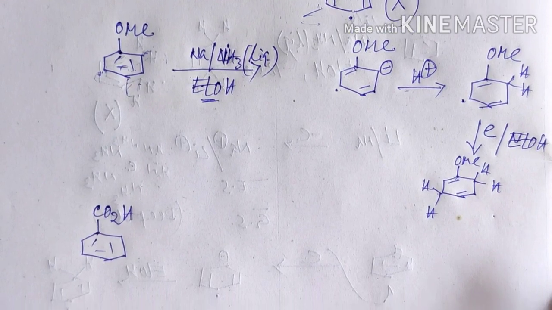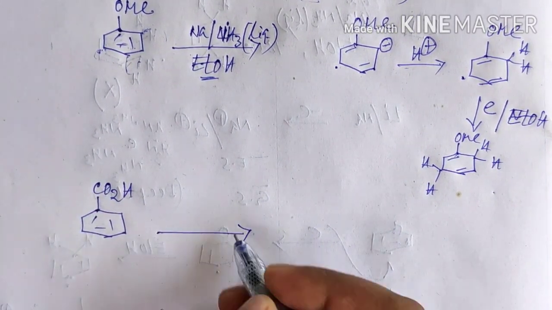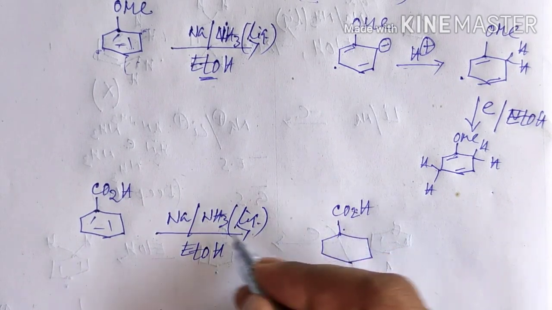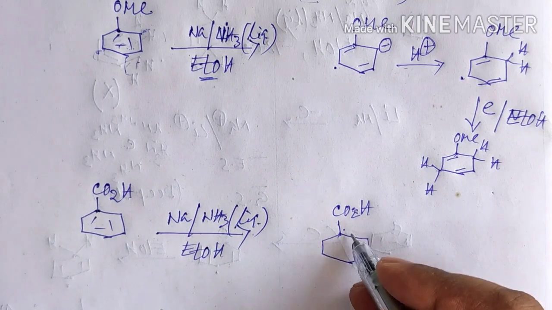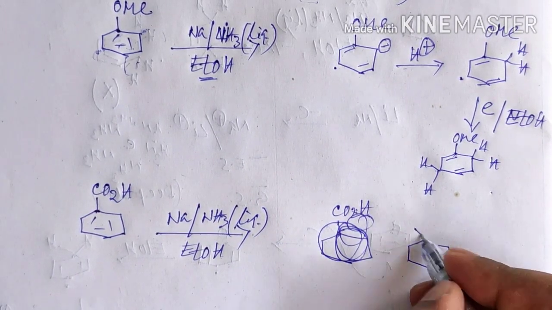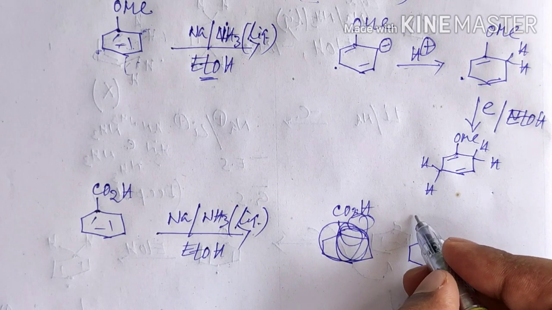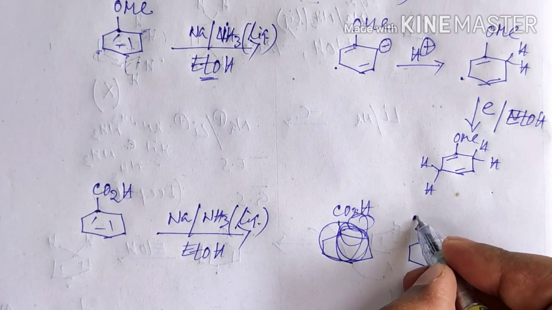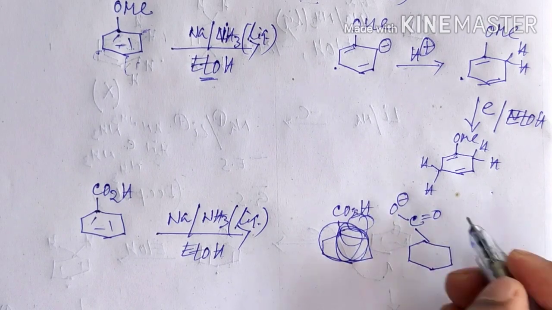If a benzene ring contains an electron withdrawing substituent, then mainly in this case, due to the presence of the electron withdrawing group, this acidic proton will be abstracted. Since in the reaction medium sodium amide will be formed, and that amide can abstract this acidic proton, it will form like this.